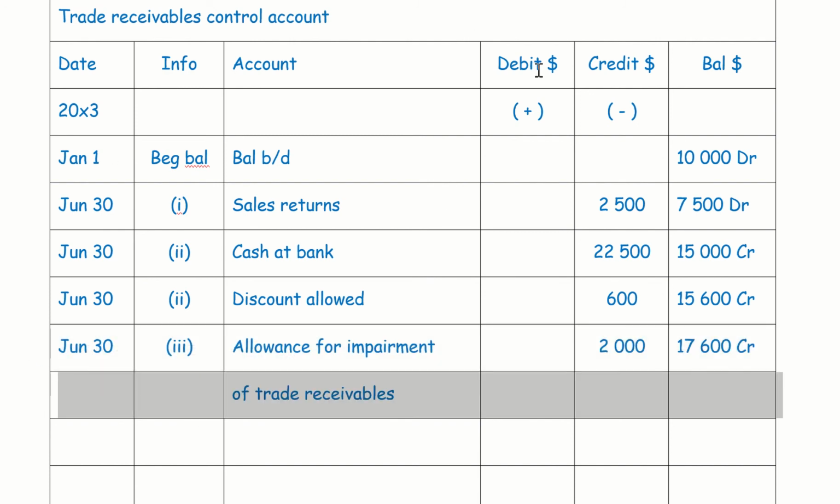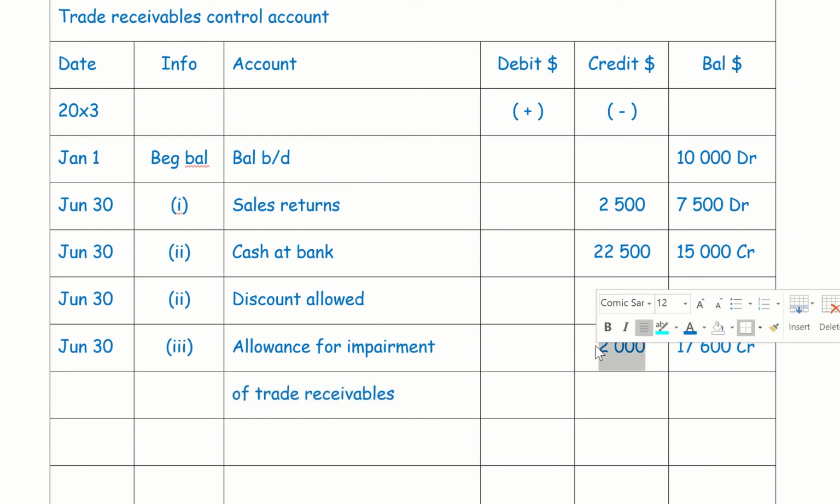And you might need more than one line because the allowance is a very long account. We record trade receivables reduced by $2,000. What is the other account affected? Allowance for impairment of trade receivables. And the information came from where? Came from additional information part 3, part I.